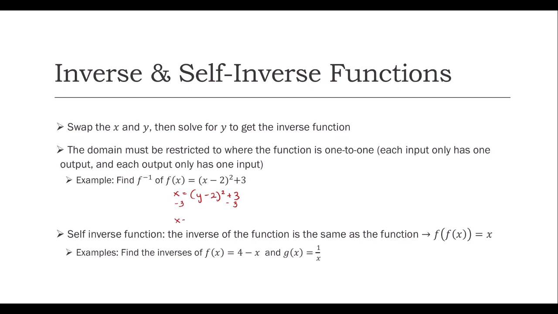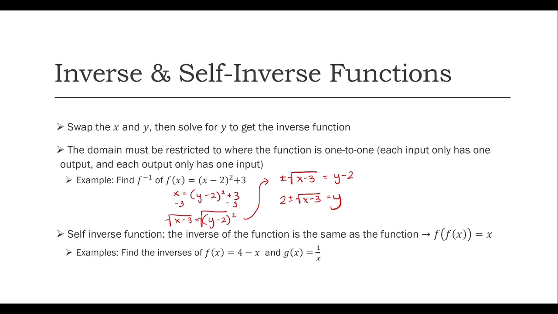So we have x minus 3 equals y minus 2 squared. Then we'll take the square root of both sides. So this will give us plus or minus the square root of x minus 3 equals y minus 2. And then we'll add 2 to both sides. So 2 plus or minus the square root of x minus 3 equals y.